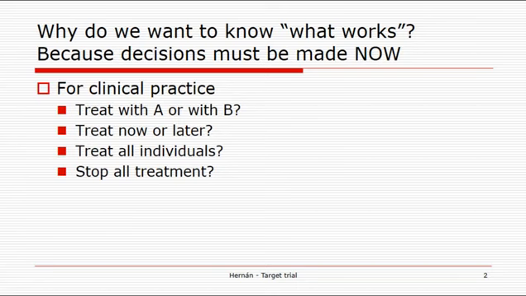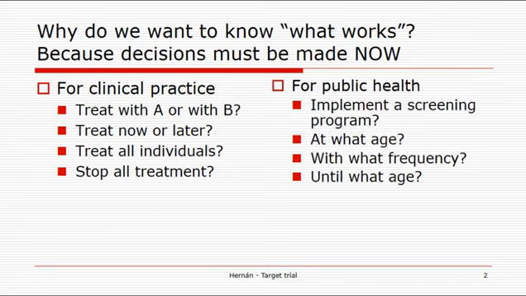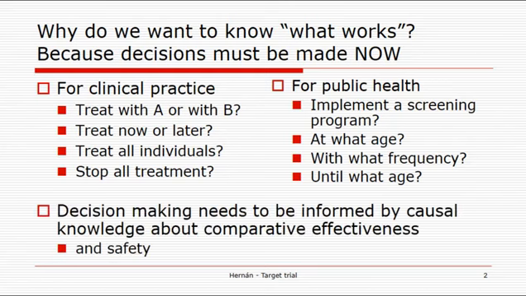For public health policy, it's kind of the same. The questions have the same basic form. Should we do this public health program now, later, for everybody, for some people? Should we stop it, etc.? So essentially, any time that we need to make decisions, we have to have data on the comparative effectiveness and safety of the different types of interventions that we are considering.